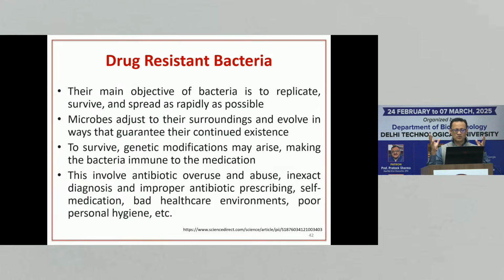Microbes adjust to their surroundings and evolve so that they continue to exist. And this is a nice paper actually, if you want to read more about it. To survive, genetic modifications might arise, making bacteria immune to medication. It's learning how to keep surviving.